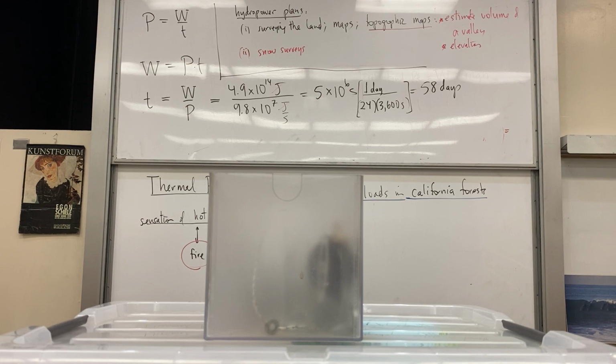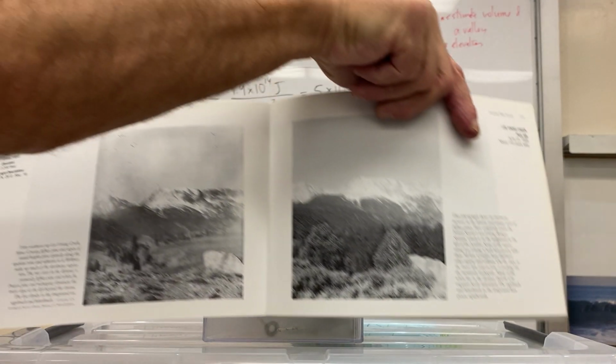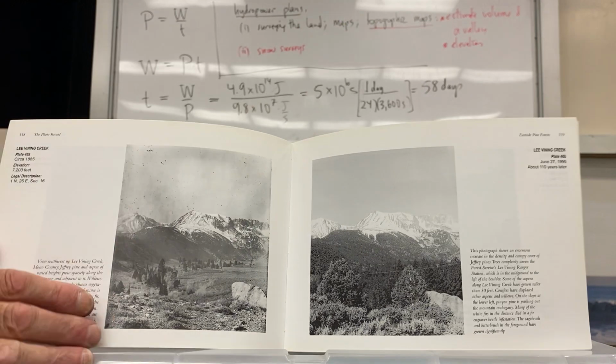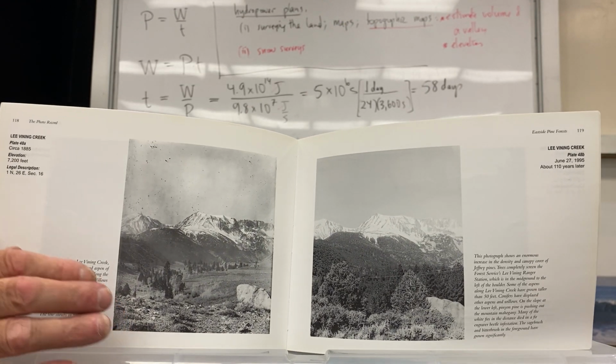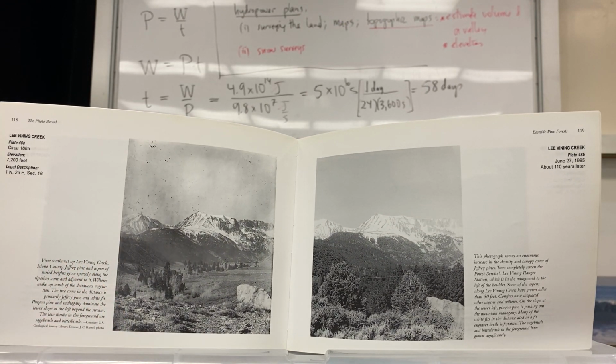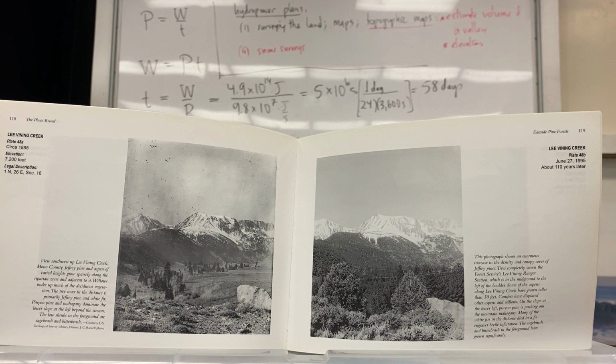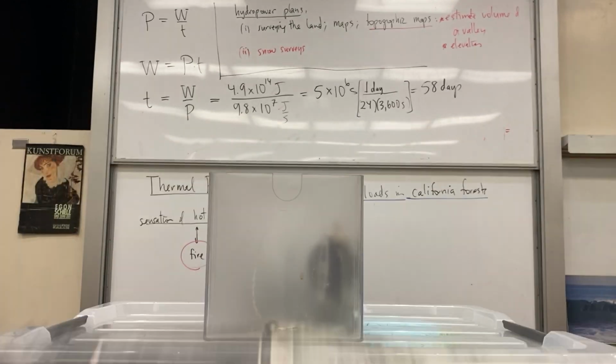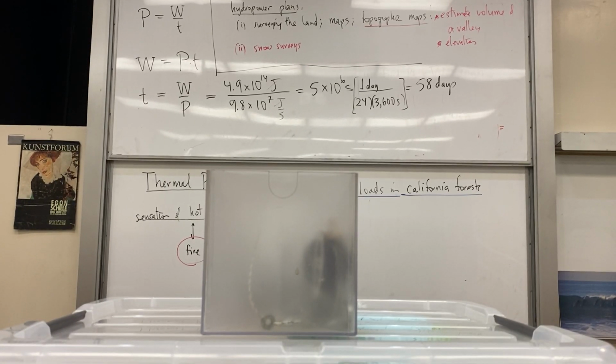This one is taken on the east side of the Sierra Nevada. That's a place I've been. So this is Lee Vining Canyon. And you can see again the rock that the author located. On the right bottom corner of the picture, it's the same rock. Okay, let's try that again.